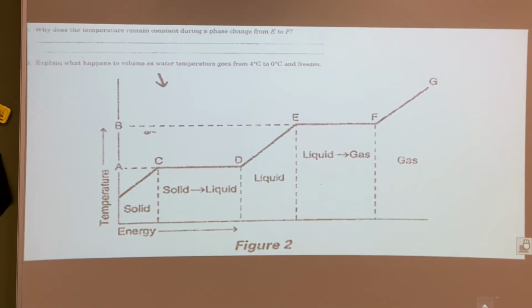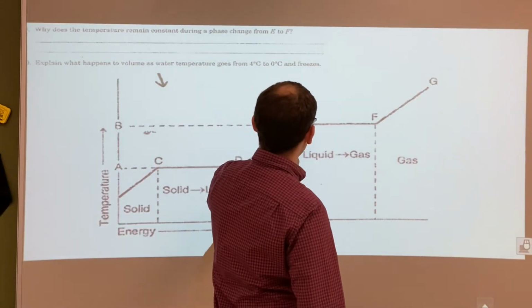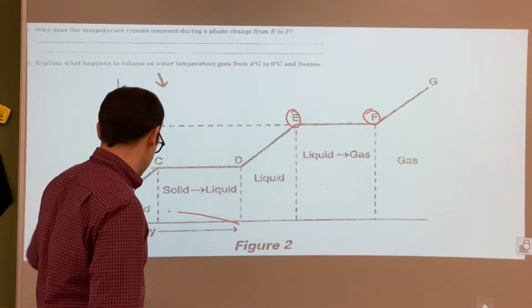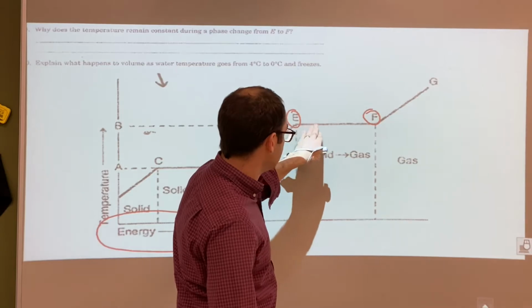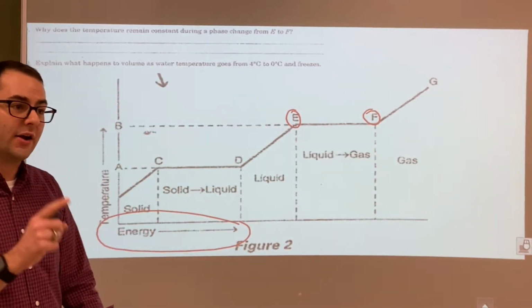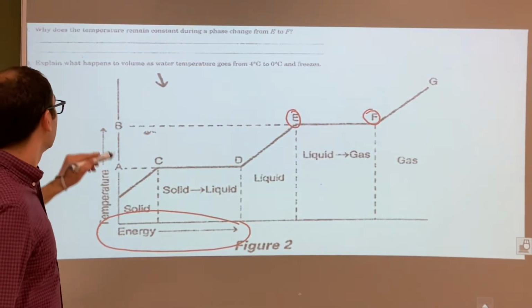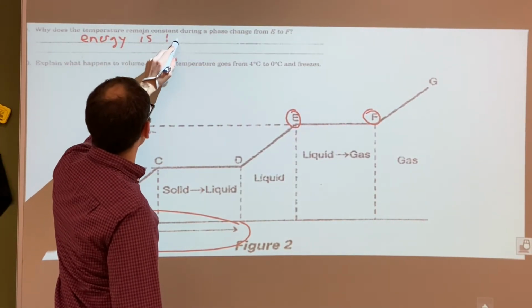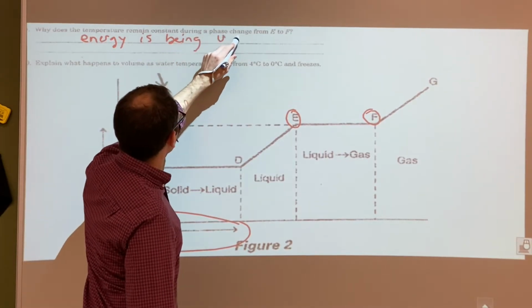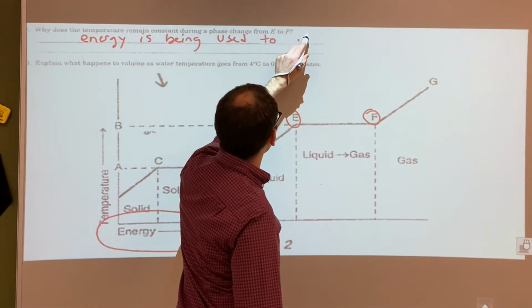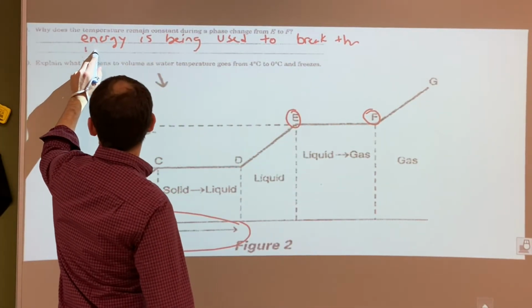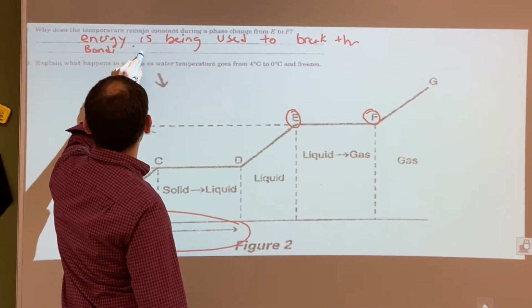All right, why does the temperature remain constant during a phase change from E to F? We're still putting energy into it, but the temperature's staying the same. What is that energy being used to do? Energy is being used to break the bonds between molecules.